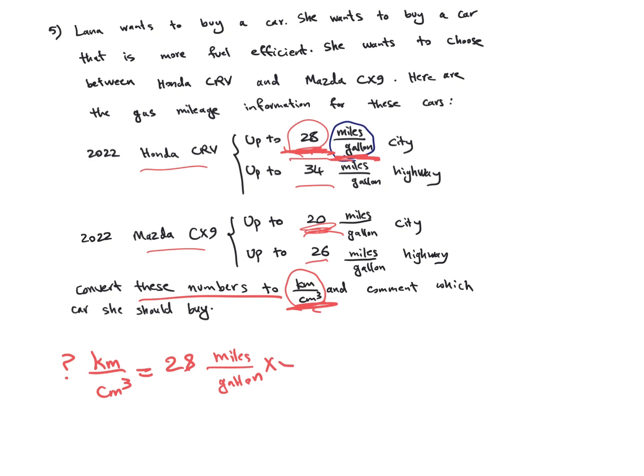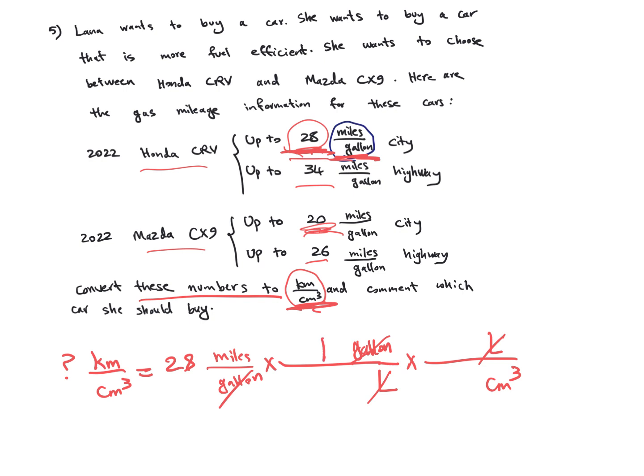You multiply that by a conversion factor, depending on which one you want to take care of sooner. I want to get rid of gallon. How can I convert gallon to cubic centimeter? If you look at the problem statement that I gave you, we cannot convert them immediately. First, I should convert gallon to liter, get rid of gallon, and then convert liter to cubic centimeter, right?